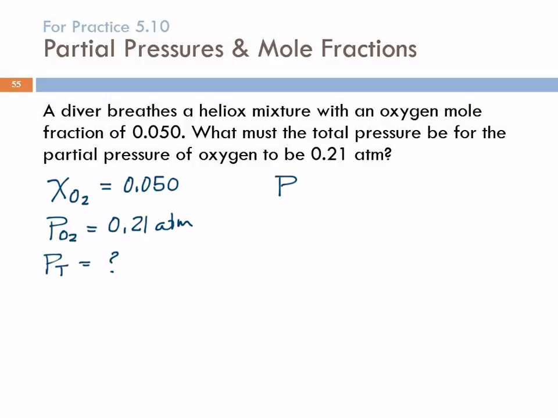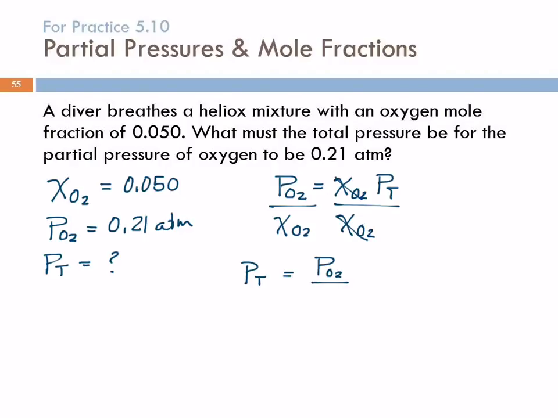Well, we can use that equation. The partial pressure of oxygen equals the mole fraction of oxygen times the total pressure. So we just need to rearrange. Divide both sides by the mole fraction. These guys cancel out. The total pressure is going to be the partial pressure of oxygen divided by its mole fraction, and we know both of those numbers.